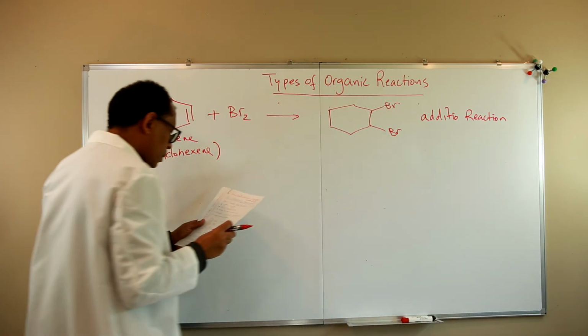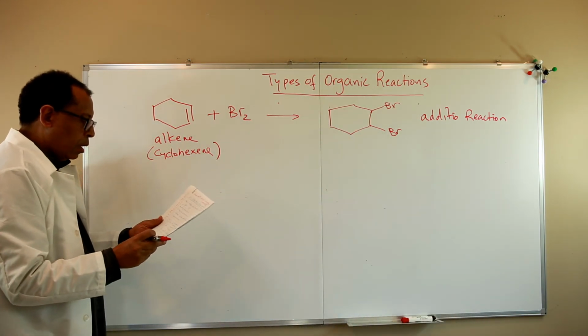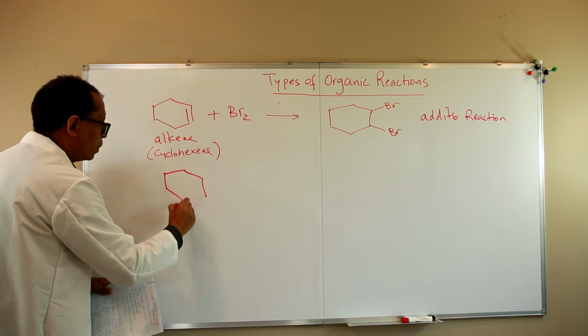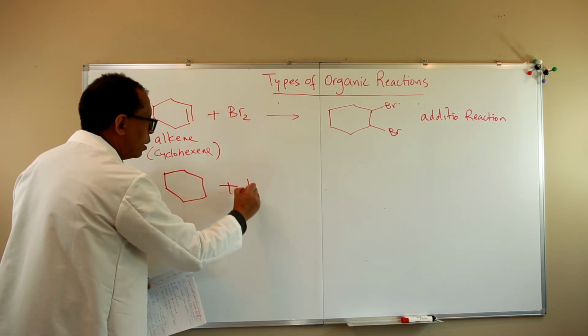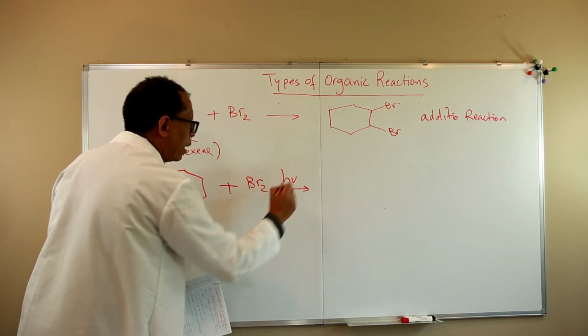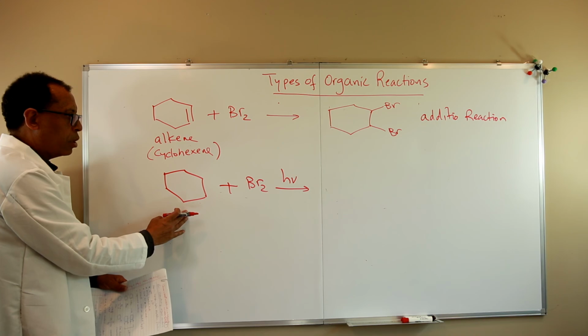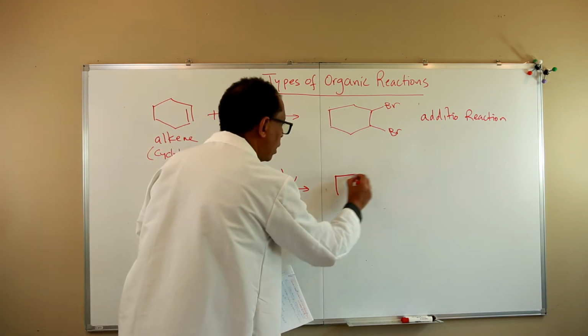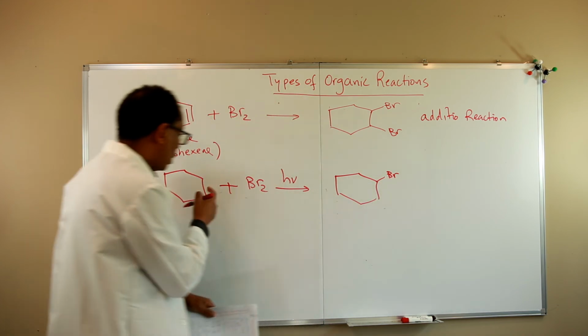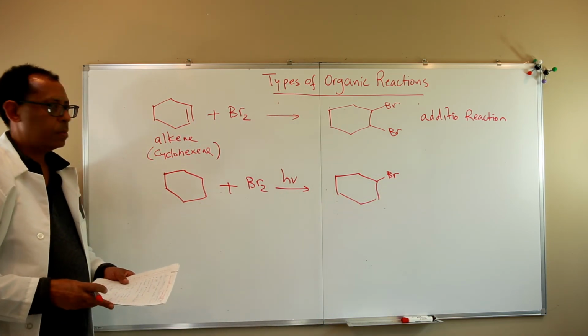Okay. Now, if you have this, and under certain conditions, usually we use light to effect such kind of reaction. And if you just see here, this product, what kind of reaction happened in this?